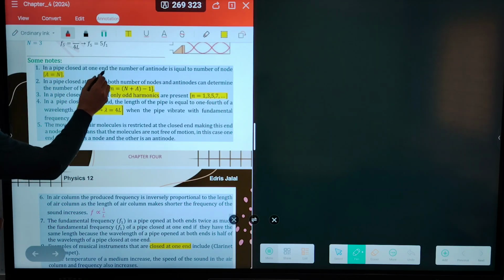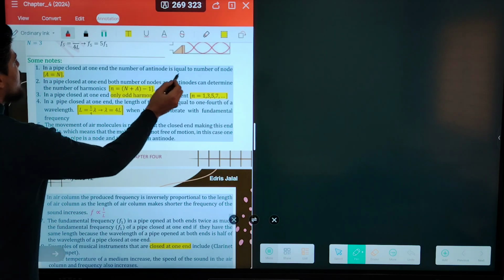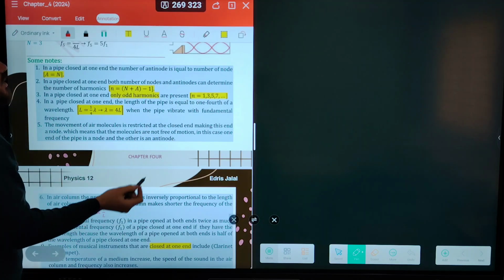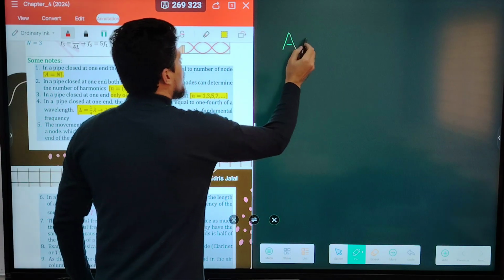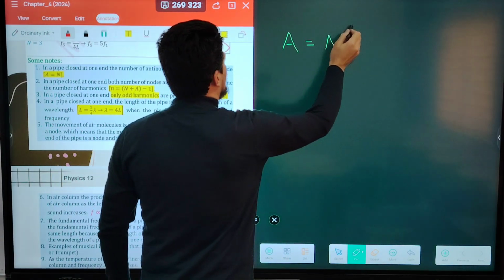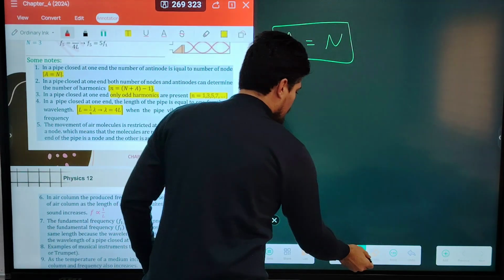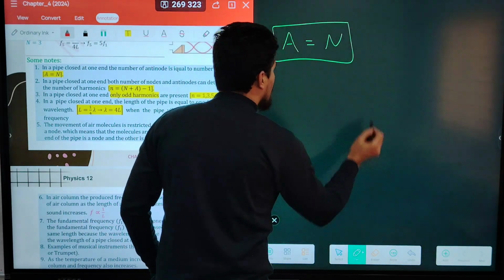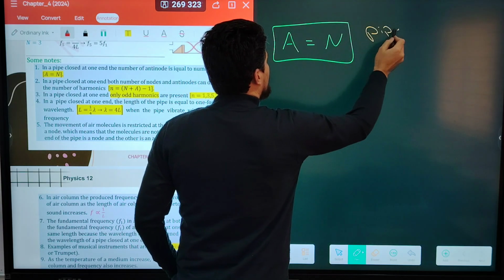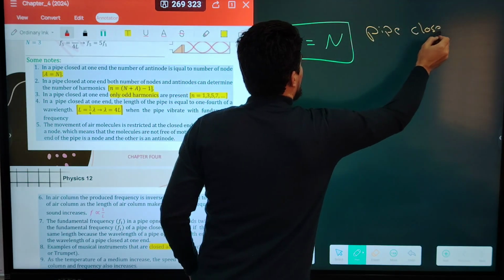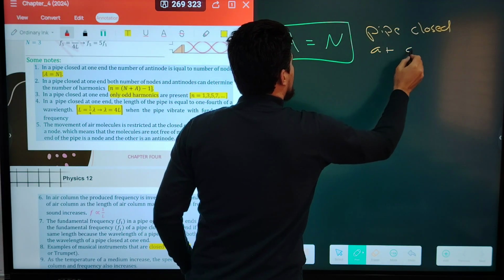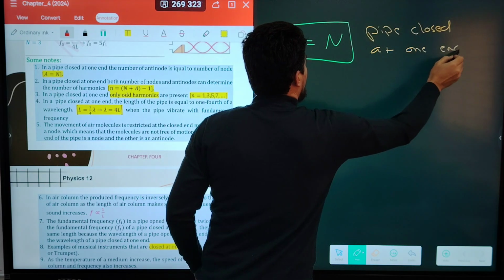So we have some notes about the closed pipe. In a pipe closed at one end, number of antinodes is equal to number of nodes.